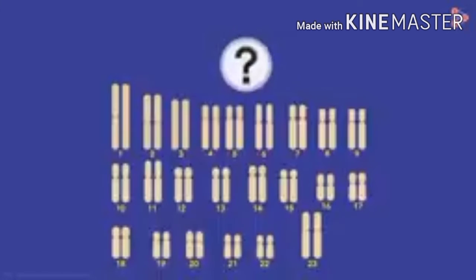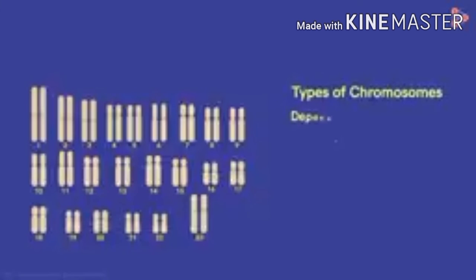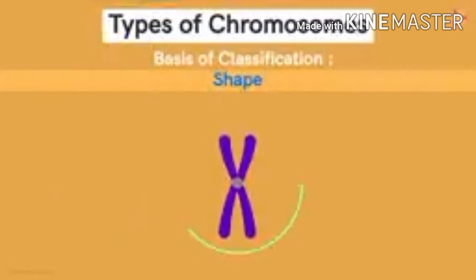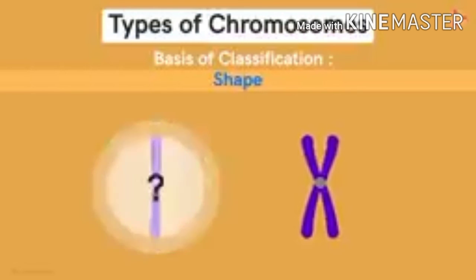Polycentric means more than two centromeres in a single chromosome. Acentric means a chromosome without a centromere. Such a chromosome represents freshly broken segments of chromosome which do not survive for long.